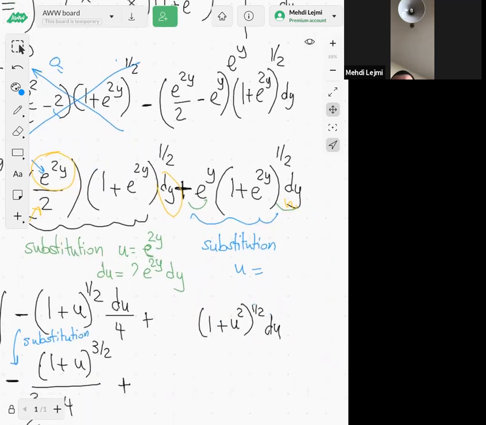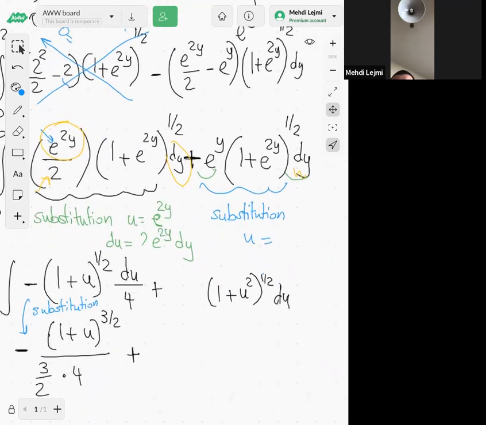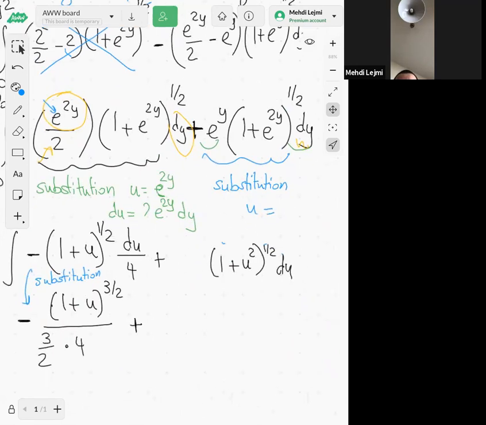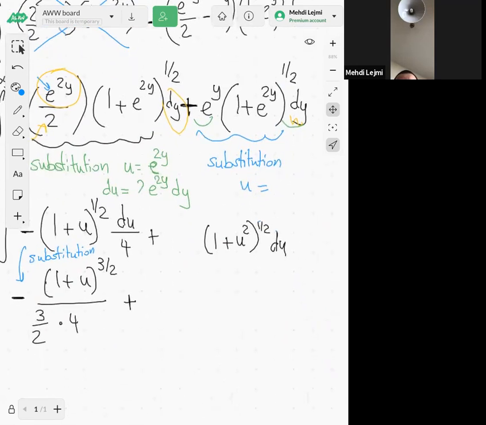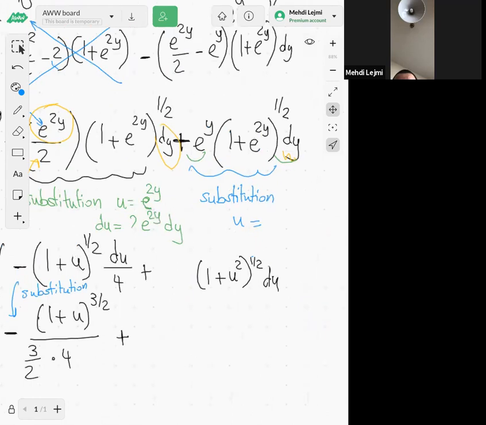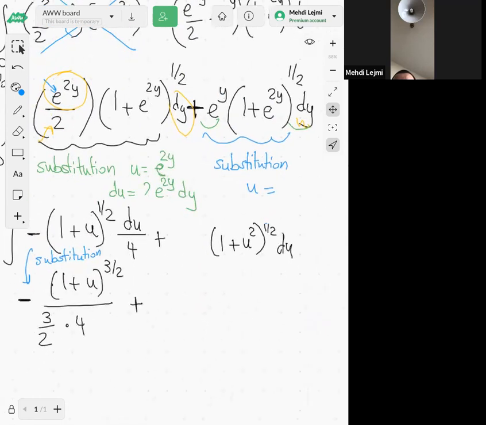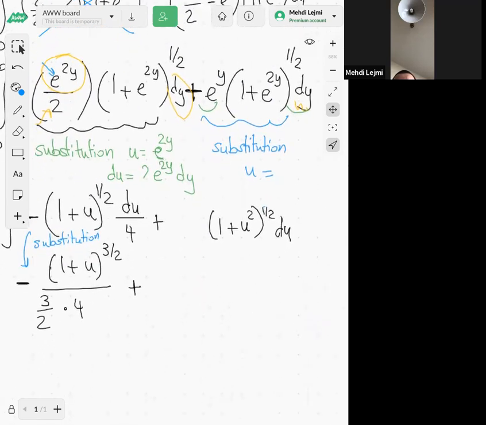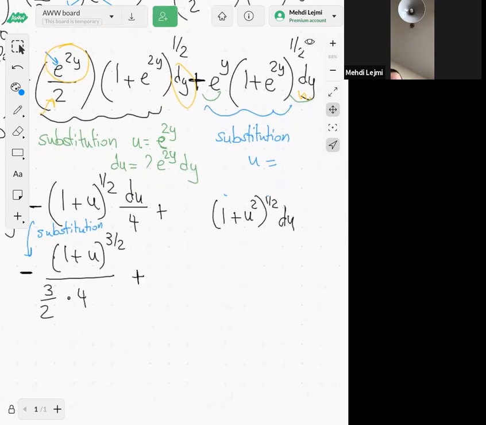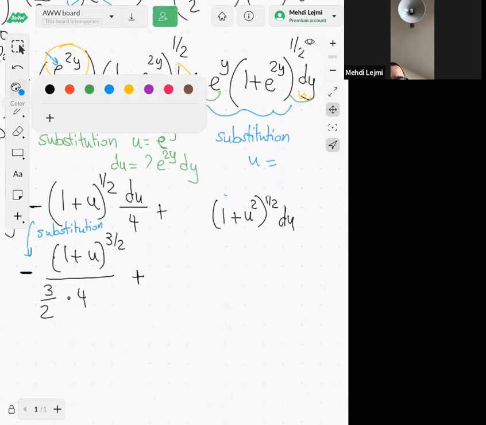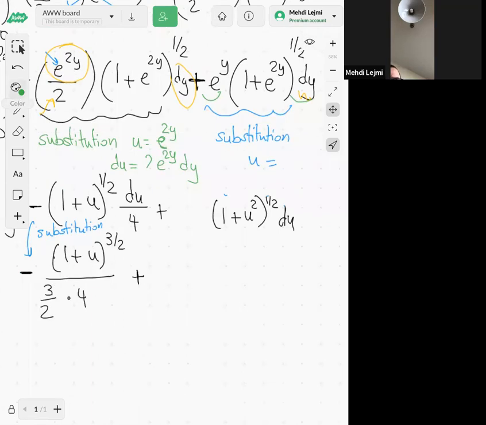All right. And then, oh yeah, probably gonna need integration by parts here. Let's see. So here, if you say e to the 2y, u is equal to e to the 2y, then I'm gonna have square root, let's see. I don't want to use the integration by parts.